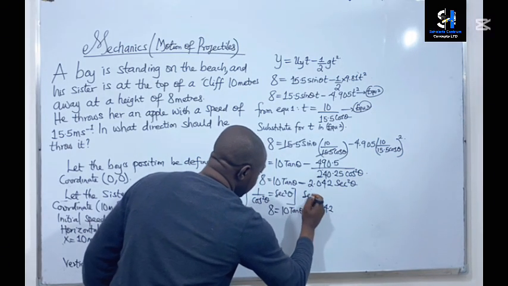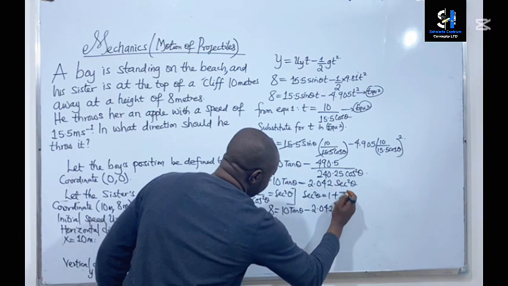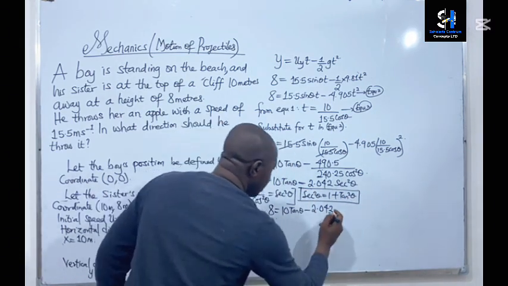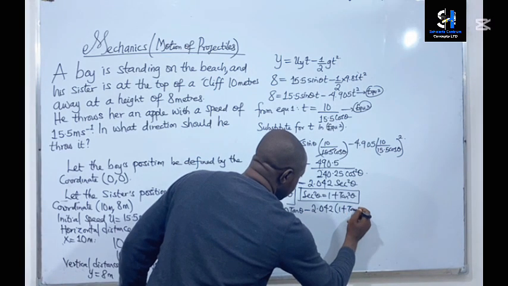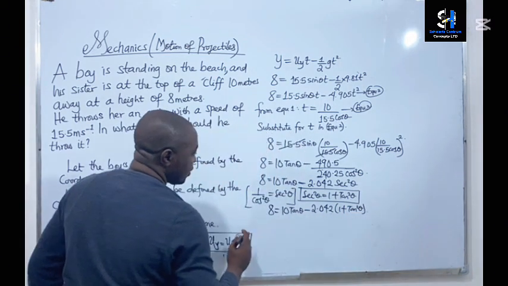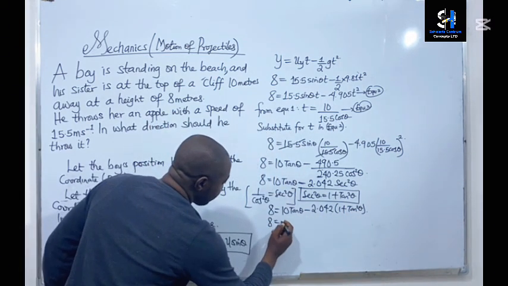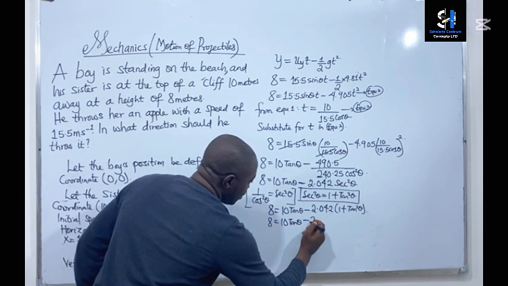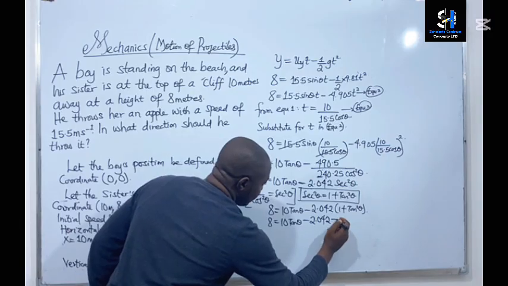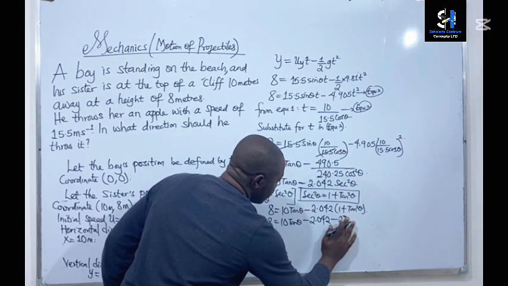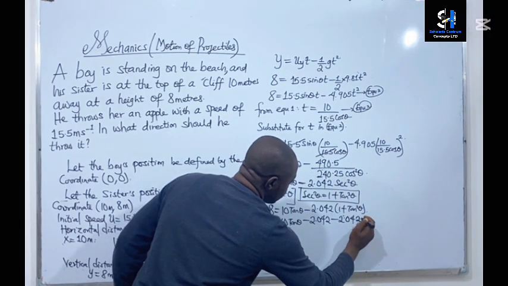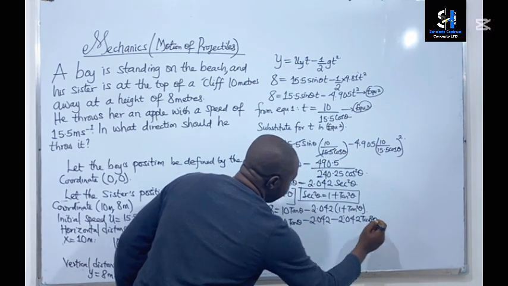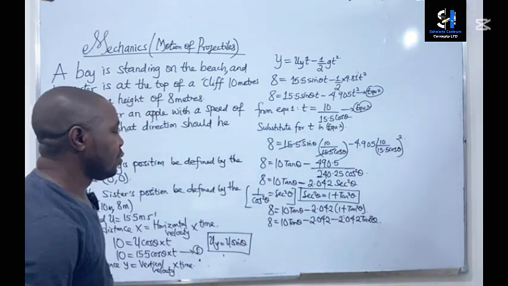Let's not forget that sec squared theta is 1 plus tan squared theta. So let's distribute that. We have 8 equals 10 tan theta minus 2.042 minus 2.042 tan squared theta.